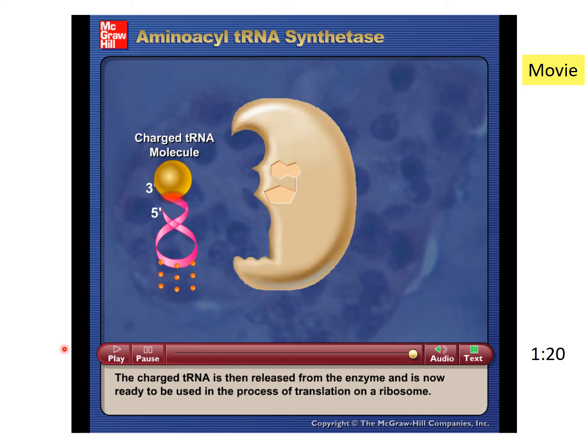The RNA sequence in the anticodon region, as well as other parts of the tRNA molecule, such as the acceptor stem, are important for recognition between the tRNA and the aminoacyl tRNA synthetase. The bond is broken between the amino acid and AMP, and the AMP is released. At the same time, a covalent bond is formed between the amino acid and the 3' end of the tRNA, which is now called a charged tRNA molecule. The charged tRNA is then released from the enzyme and is now ready to be used in the process of translation on a ribosome.